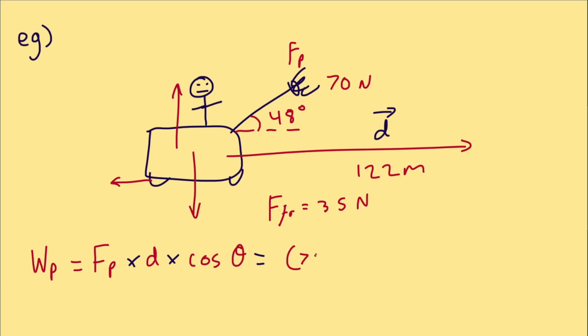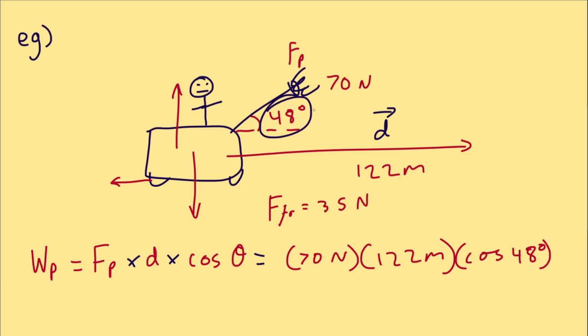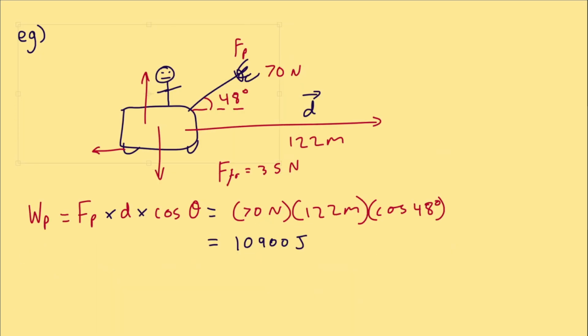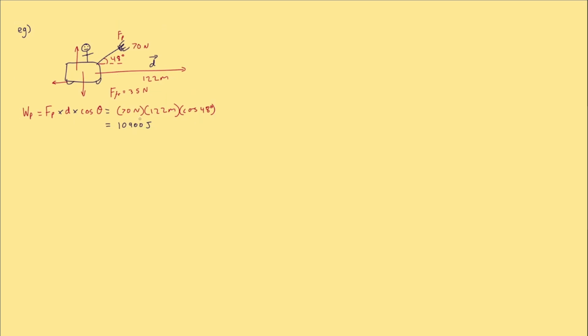That would be 70 newtons times 122 meters times cosine of 48, 48 being taken from here. Put this into a calculator and you get 10,900 joules. That's the amount of work being done by the force of the pull.